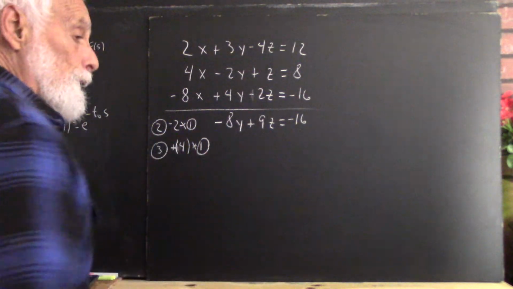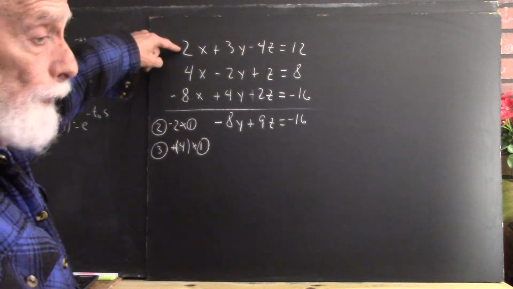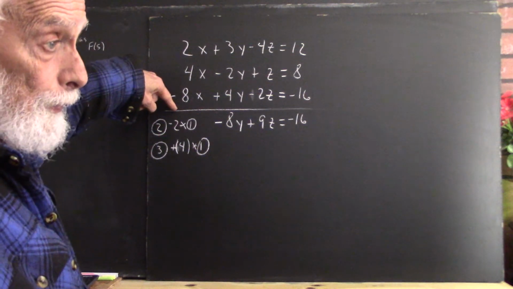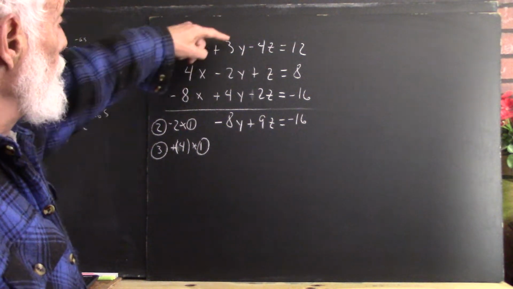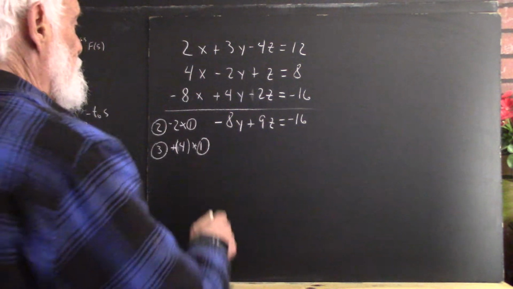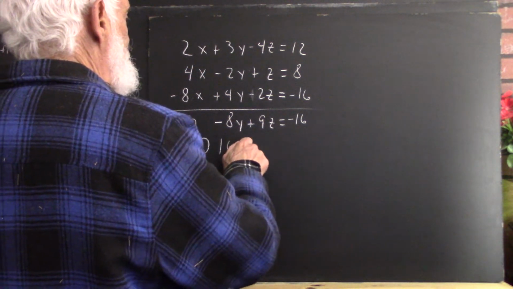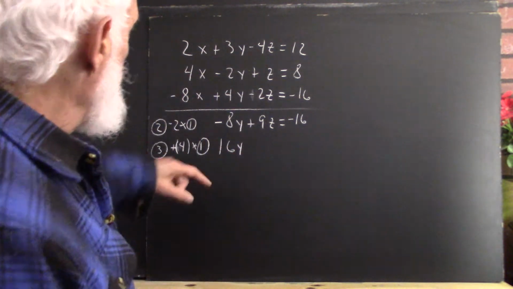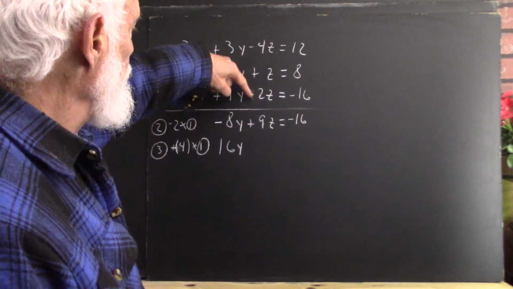And again, my x's go away because 4 times the first is 8x and negative 8x gives me 0. 4 times 3 is 12, so I got 12y and 4y, which is 16y. And then I've got 16z, negative 2z.